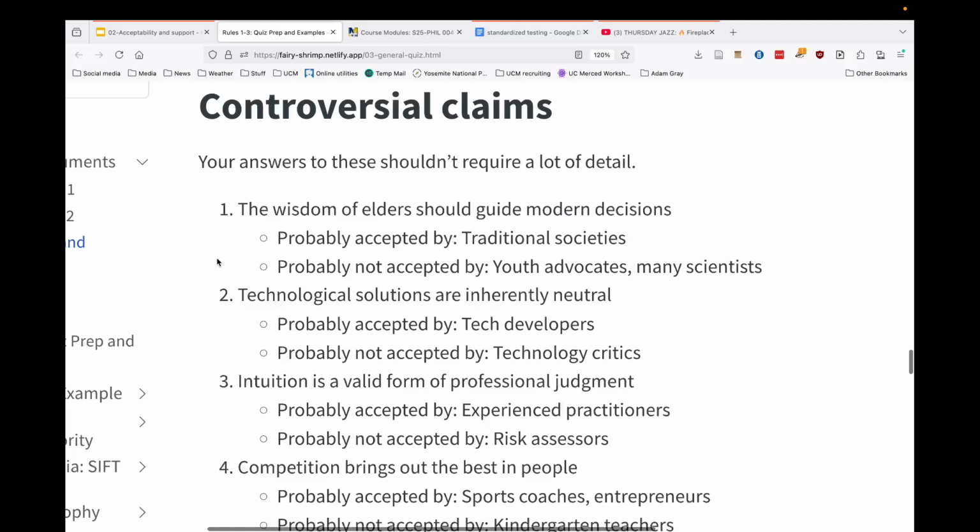This would probably be accepted by traditional societies, probably not accepted by youth advocates and many scientists. Not a lot of detail, it just has to be, okay, I can see how the first group of people would probably accept this claim, the second group of people probably wouldn't. And it's basically that plausibility check.